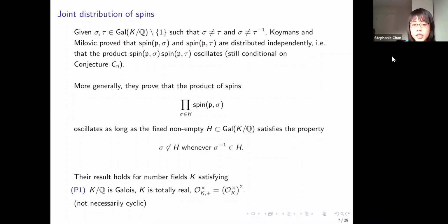And they've also removed the condition that K is a cyclic field. So their result still holds if K is not cyclic over Q. But they still have to assume, of course, that K is a totally real field and that all the totally positive units are squares, because we need that for the spin to be well defined.